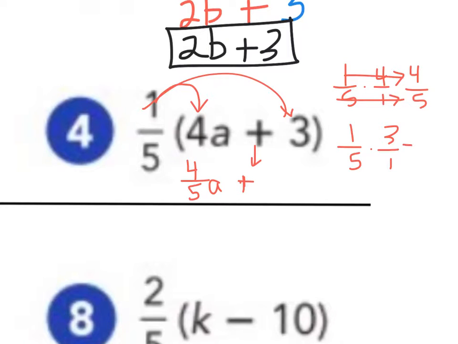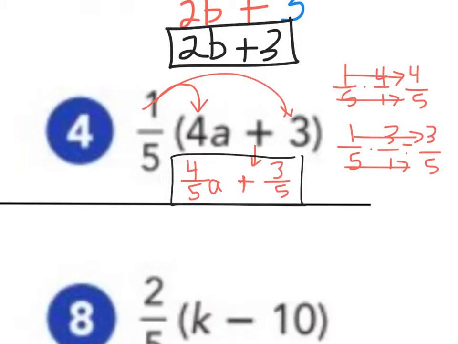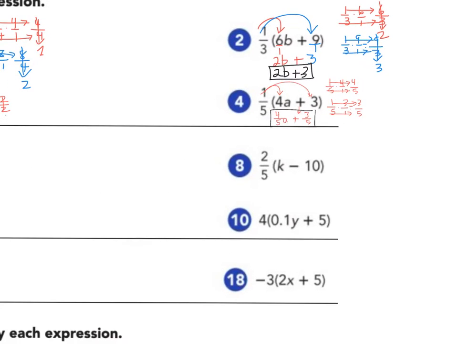That's 3 over 1. 3 over 5. 3/5. And that's the final simplified expression. I cannot combine them because this here has an a and this doesn't. So it's just 4/5 a plus 3/5.